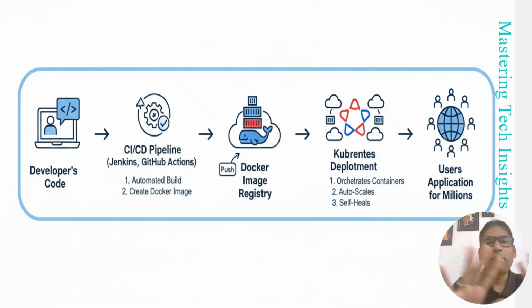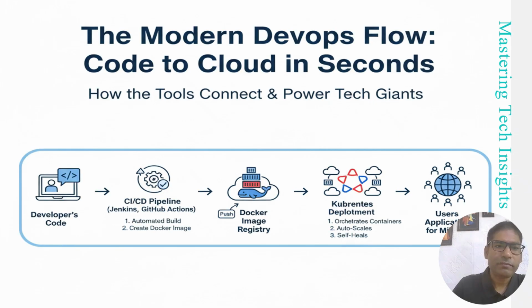Now you might be wondering, how are all these tools connected? Here is the simple flow. Developers write code and push it to GitHub. The CI/CD pipeline automatically builds a Docker image. The image is deployed to a Kubernetes cluster.